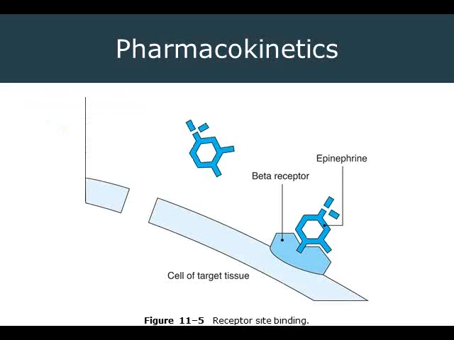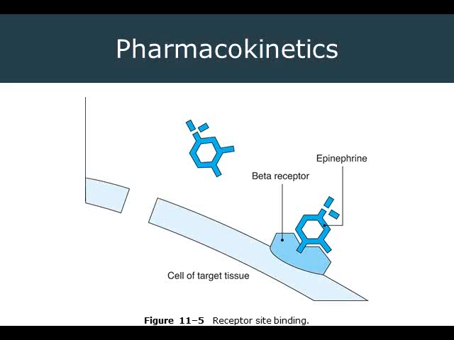So here's an example of receptor and site binding. This is where a cell has a very specifically shaped lock on it, a very specifically shaped receptor, and in this case we've said it's a beta receptor, and we have a molecule of epinephrine floating around in there.